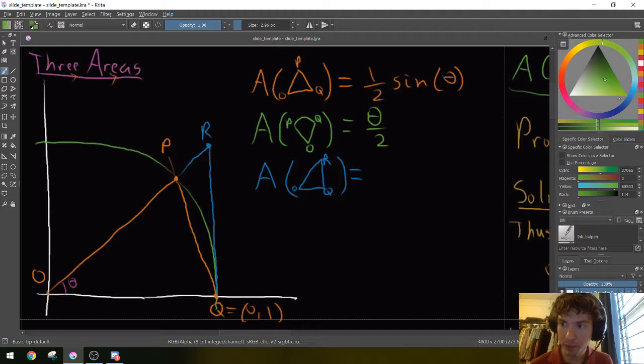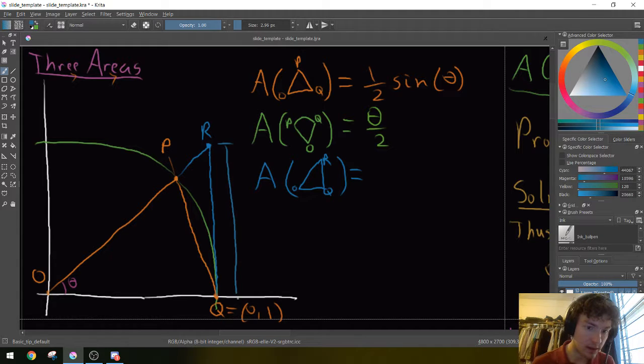Now there's a blue triangle, and this part's actually kind of interesting. So there's a way to figure out what this height is. What is the height of the blue triangle? The way to see that is to use our trick that for any right triangle, not necessarily one on the unit circle, the sides are related by sine, cosine, and tangent.